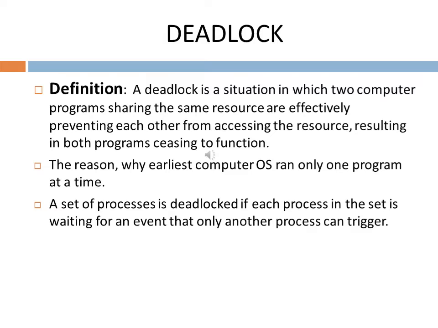For example, in a multi-programming system, suppose two processes are there and each wants to print a very large file. Process A requests permission to use the printer. Now I am telling another example of a printer.